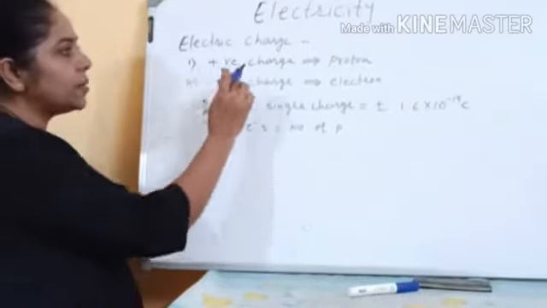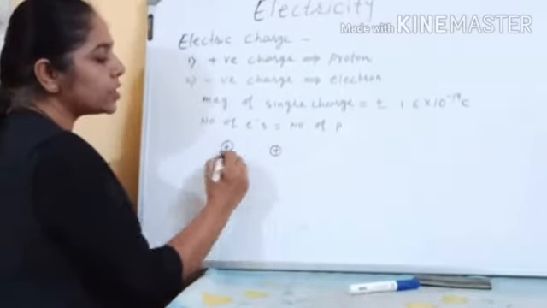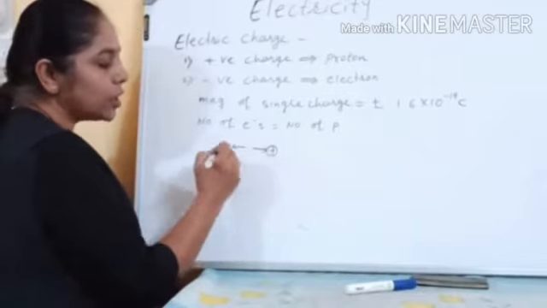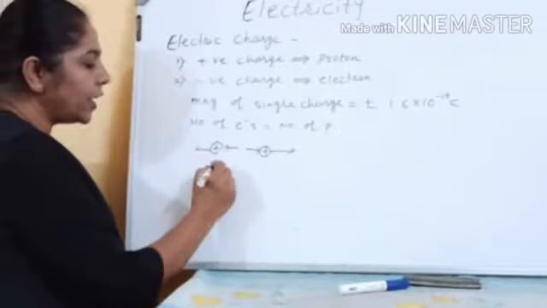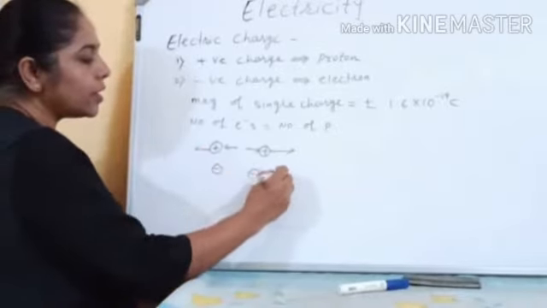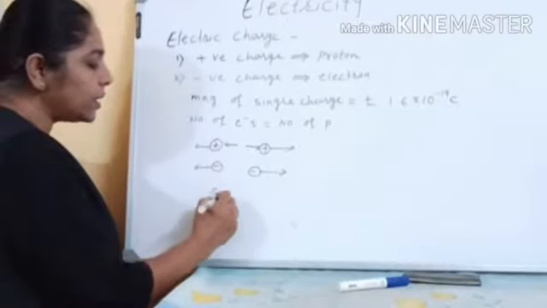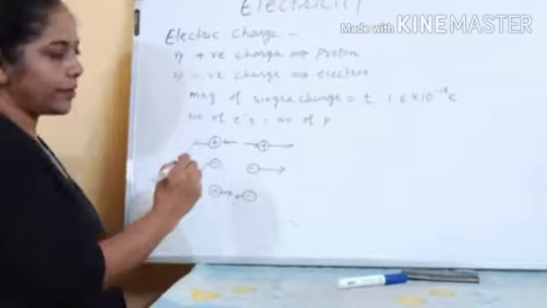Next, if similar charges are there, either positive or negative, then there is a force of repulsion. But if dissimilar charges are there, then there is a force of attraction.